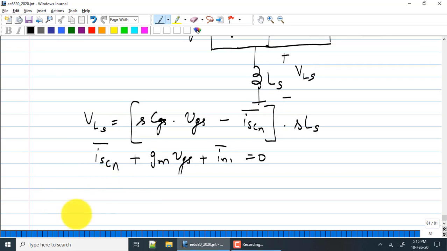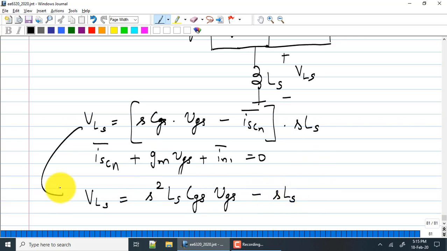So VLS, if you were to write this, would be S squared LS CGS times VGS. So this is what this would give you, SLS times... this is okay.